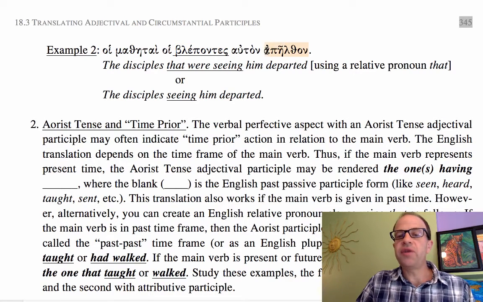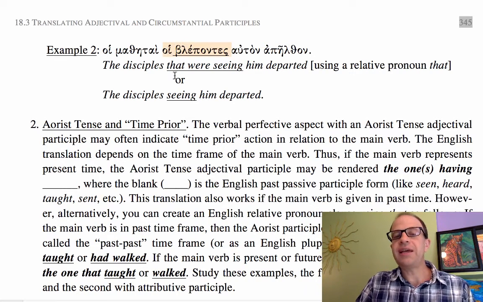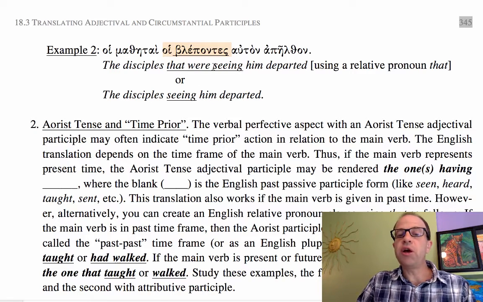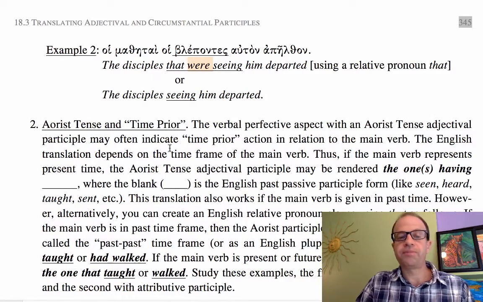In this case, the verb apēlthon is aorist indicative and translated in past time, departed. So to get this present tense participle as time simultaneous or contemporaneous with the main verb, we use the helping word were. The disciples that were seeing him departed.